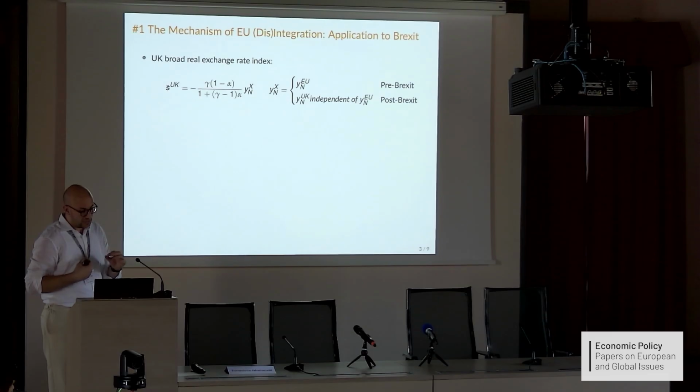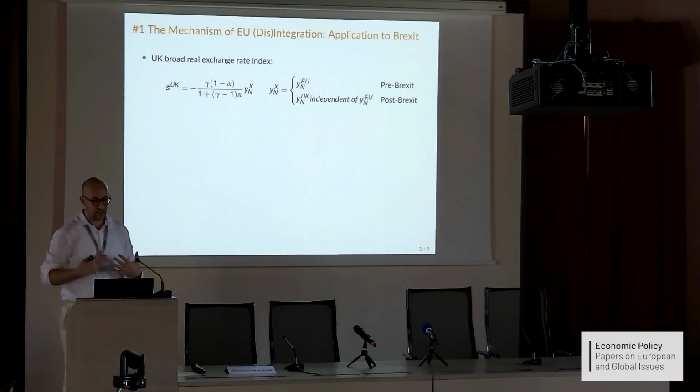And the way the authors interpret integration or lack thereof is that when the UK is integrated with the EU, its non-traded goods shocks are affected by the EU non-traded goods shocks. So there are perfectly correlated shocks. And that's the case before Brexit.